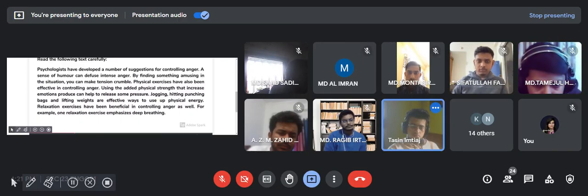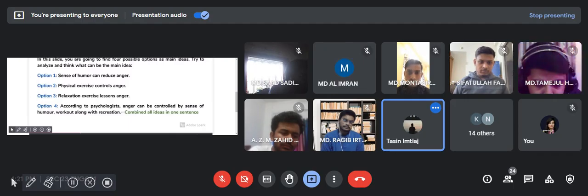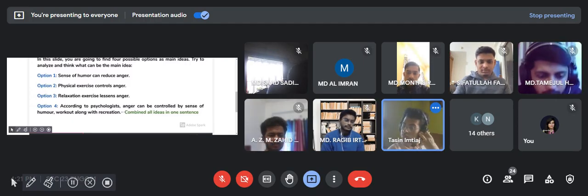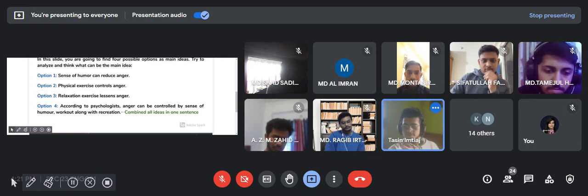So, what can be the main idea? Look at the following four options that can be counted as main ideas. If you will clearly observe, you will see the first three options are not clearly indicating what the main idea is. However, the fourth option is combining the three points in one sentence and presenting it as main idea.